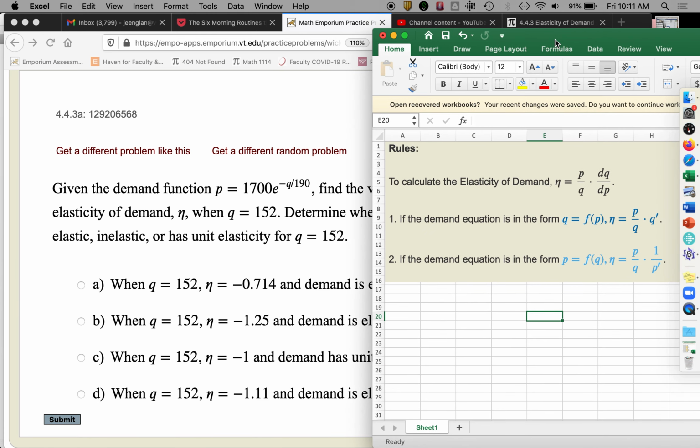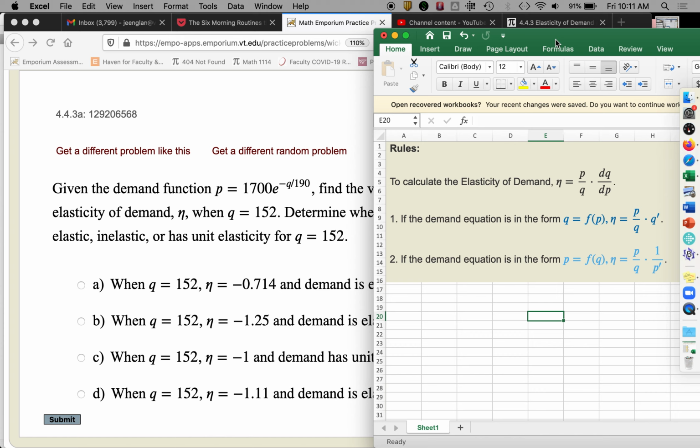All right, so we need some P's and Q's, and I want to write our points in the form Q comma P, because P equals F of Q. I know that for 152, I'm going to need the corresponding P value.